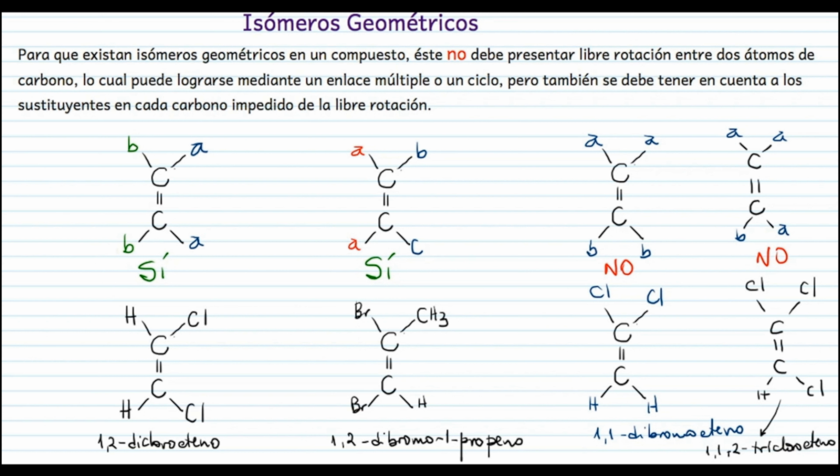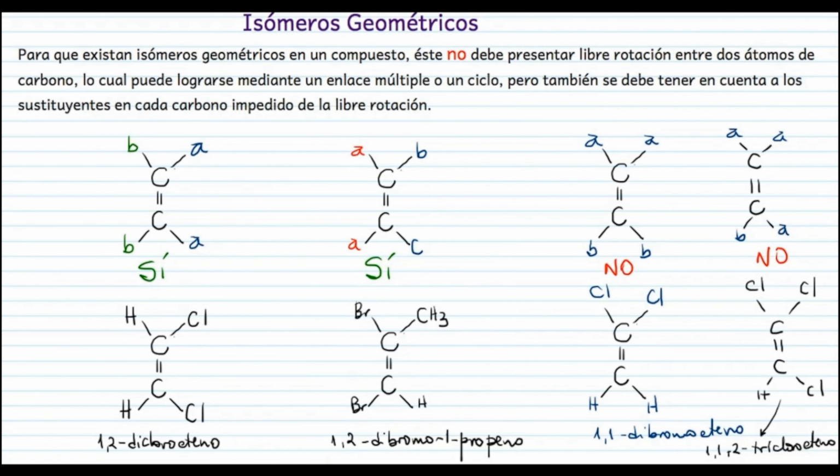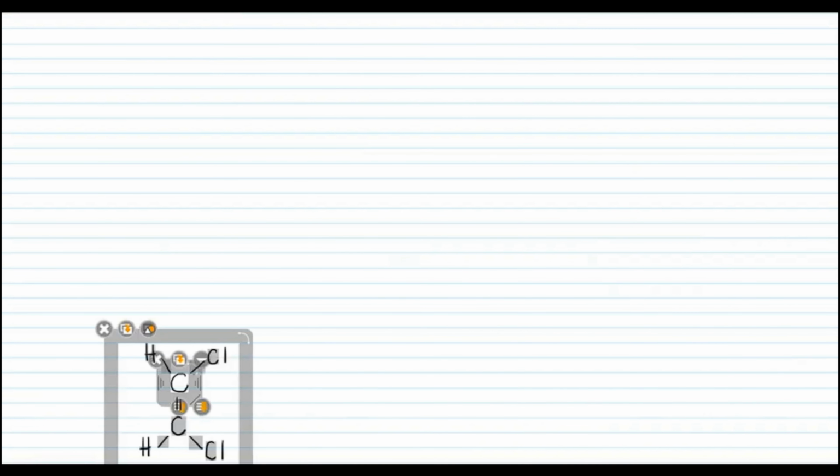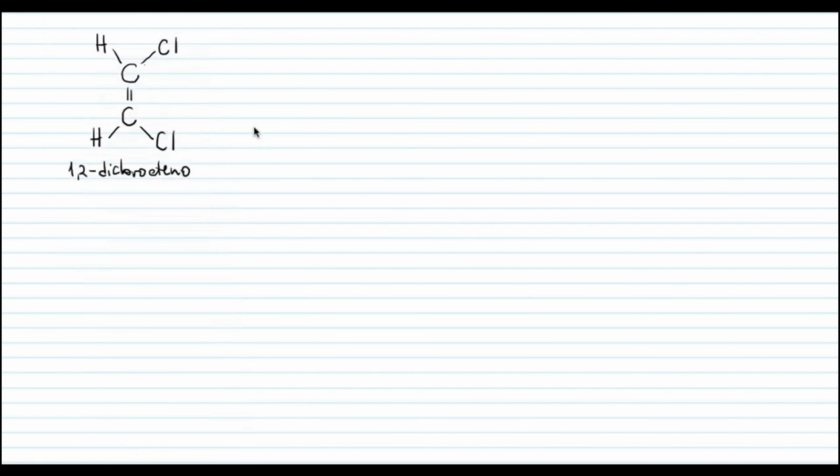We are going to work with one of these examples, and I am going to use the first one. I have the compound that we have been working with, 1,2-dichloroethene.